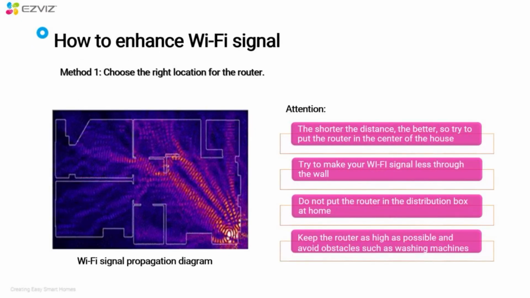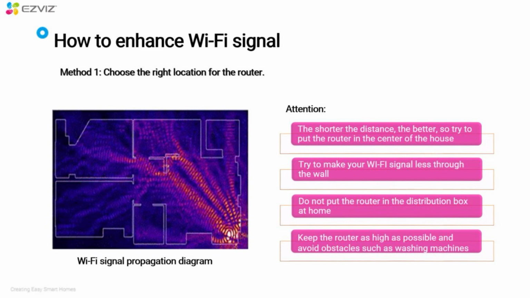And how to enhance the Wi-Fi signal? The first method is to choose the right location for the router. There are 4 tips about choosing the right location. The first is, the shorter the distance, the better. So try to put your router in the center of the house. And you need to make sure the Wi-Fi signal lasts through the wall.